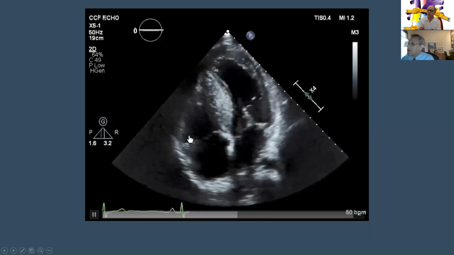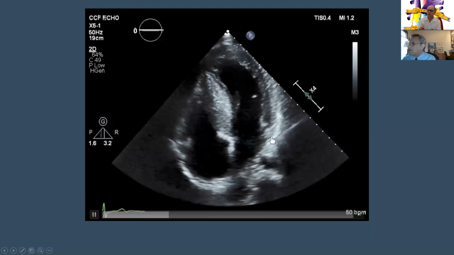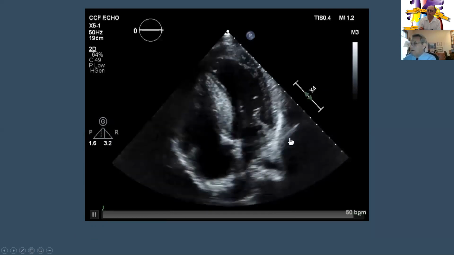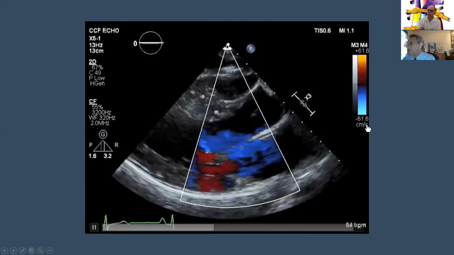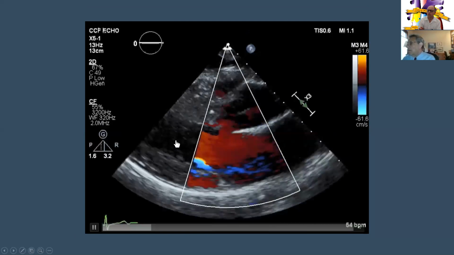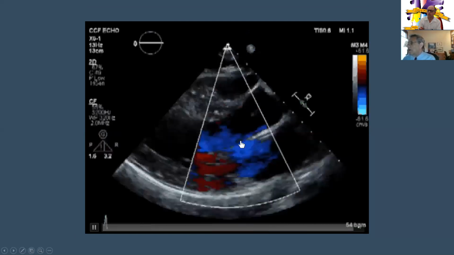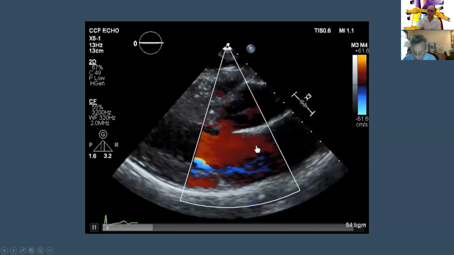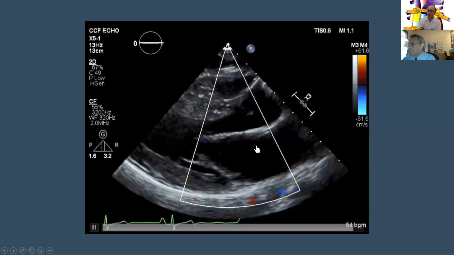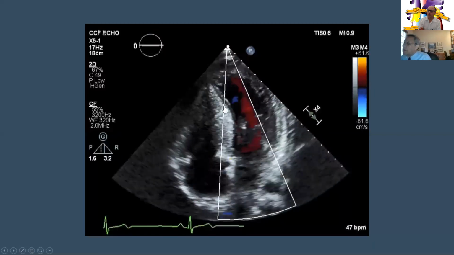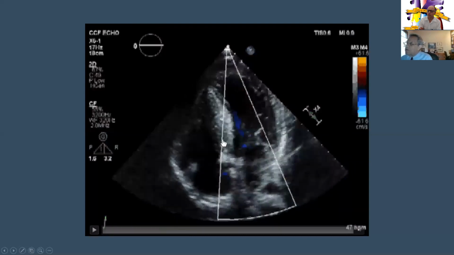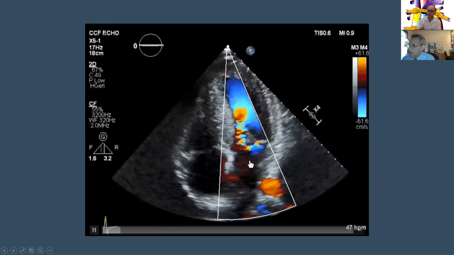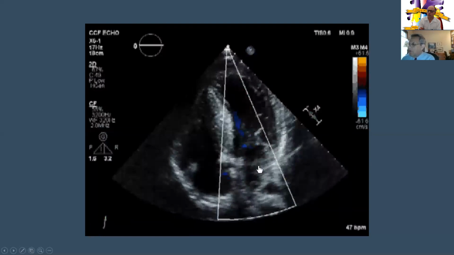The right ventricle is of normal size, left atrium is not well seen. Here we see, again, a parasternal long axis view, very mild mitral regurgitation. Here we have an apical four-chamber view, again with severe hypertrophy and some mitral regurgitation.